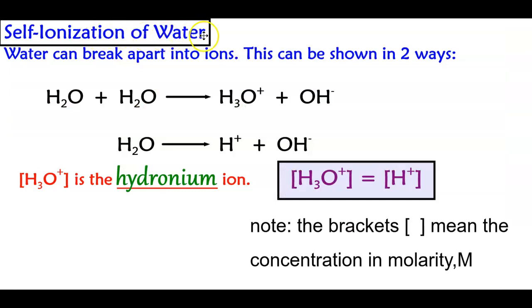So the self-ionization of water. Water is a neutral substance, but it breaks apart or converts into the ions hydronium and hydroxide by transferring a hydrogen from one water over to its neighbor. And after doing this, this water loses a hydrogen and becomes hydroxide.